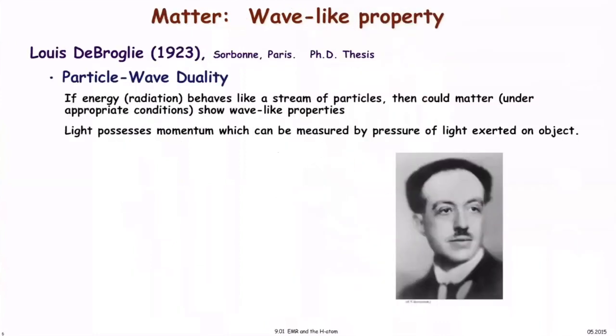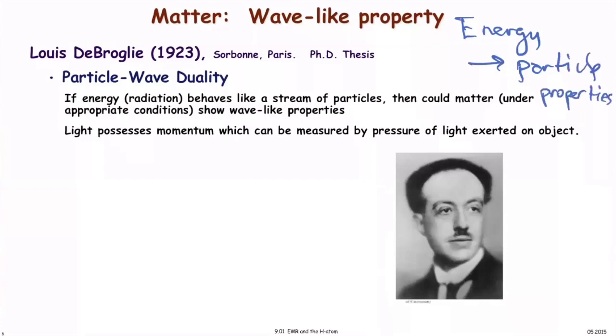So it goes back to say that if light or energy has particle-like properties, that is, it can be quantized, can't matter also have wave-like properties?